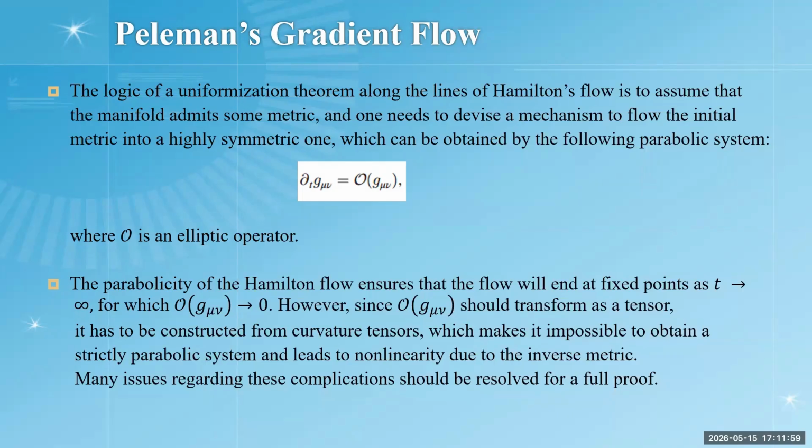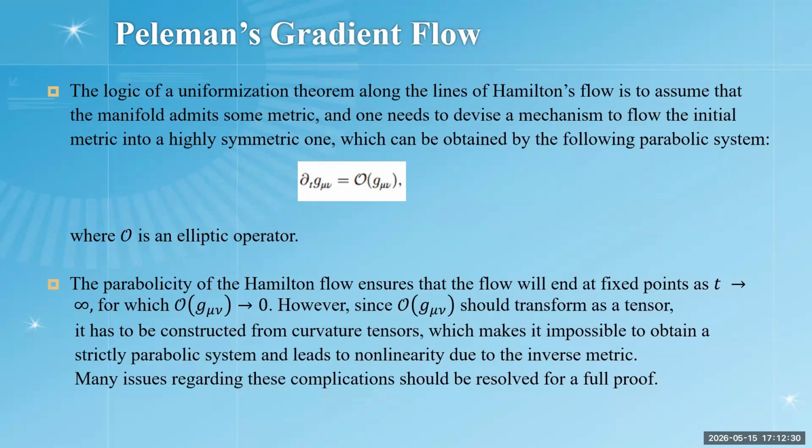But actually, this Hamilton flow operator, basically the Ricci tensor, is not a parabolic system, because the Ricci tensor is a second rank tensor, and there is a diffeomorphism symmetry, and this gauge degree of freedom corresponds to a zero mode. So this theory is not well defined because this operator is not completely parabolic.